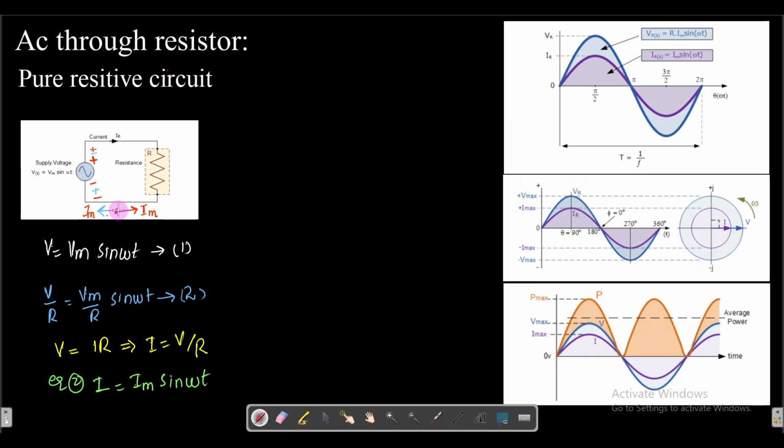So if this electron is moving in this direction in the positive half cycle, its magnitude is changing at each instant.